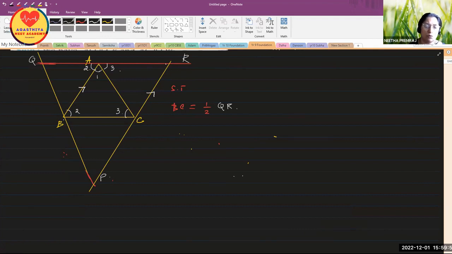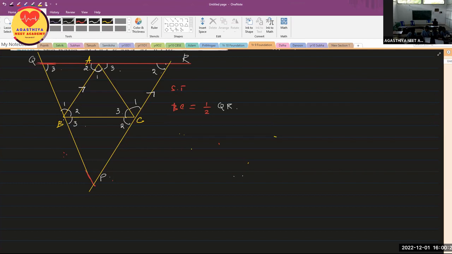So actually what we want to prove, all are congruent to each other. If you see, this and this are alternate angles, and this and this are alternate angles. Similarly, here, this is an alternate angle. This is 1 and this must be 3. If you see 1 and 2, this must be 3. See, 1 and 3, this must be 2.